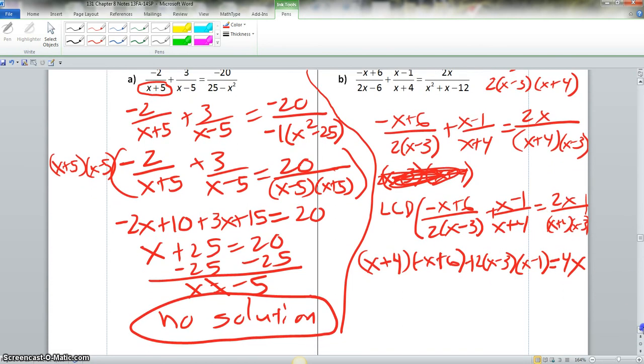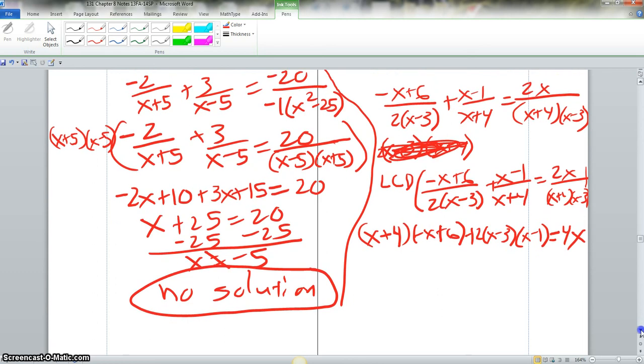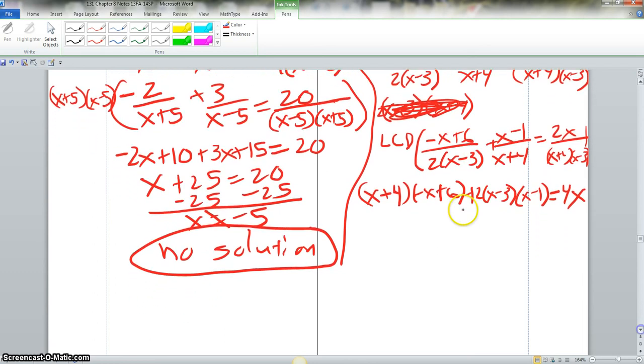But look here, this is a lot more of a complex problem than the previous ones we've covered. So now we will have to take these two parentheses and multiply them together. That will give us negative x squared, and then this will give us a positive 2x plus 24. And then we will have to multiply these two parentheses, and whatever the answer is, we have to double it.